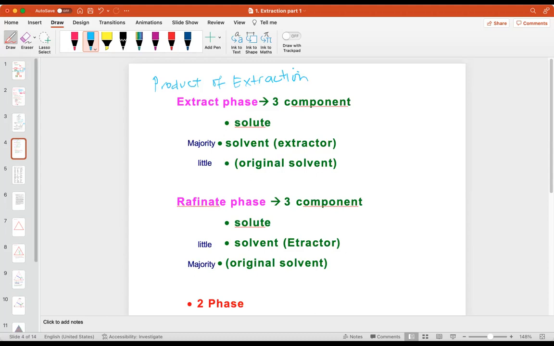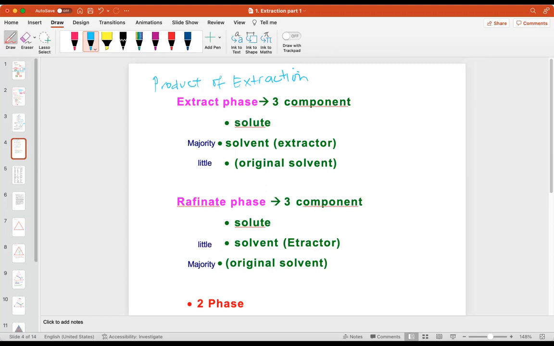For example, we make tea, so the water acts as the extractor. The tea will dissolve from the tea bag, from the solid into the liquid. Now the water that contains tea is called the extract phase, and the remaining tea bag is called the raffinate. That is a case of solid extraction.